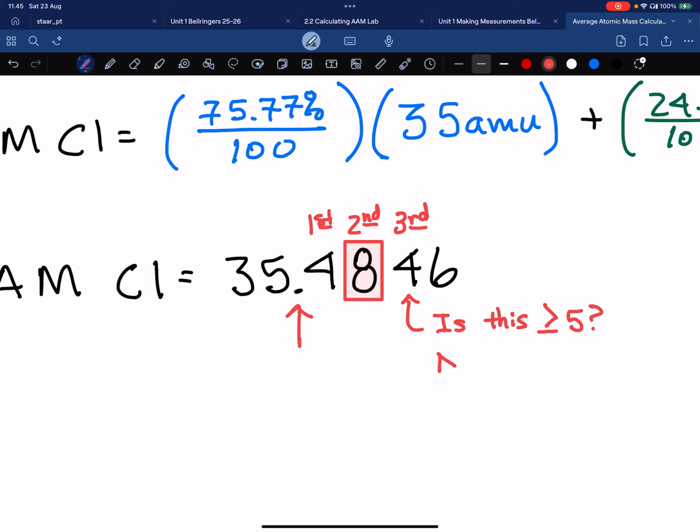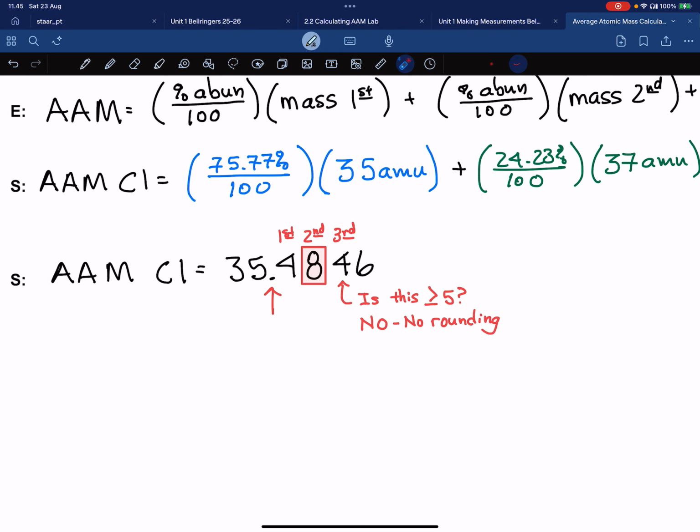The answer to that, of course, is no. So you do not round. Means that 8 stays exactly as it is. All right? So my final answer is going to be 35.48 AMU.